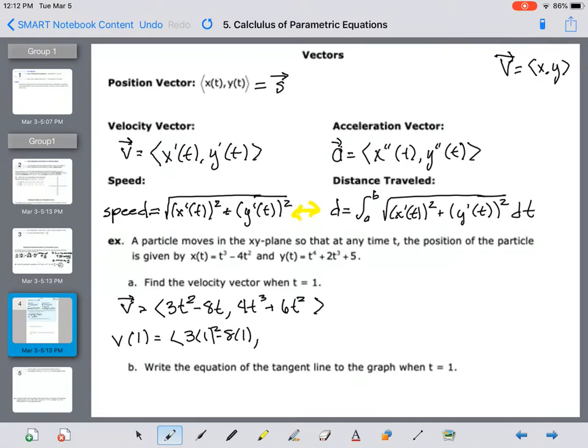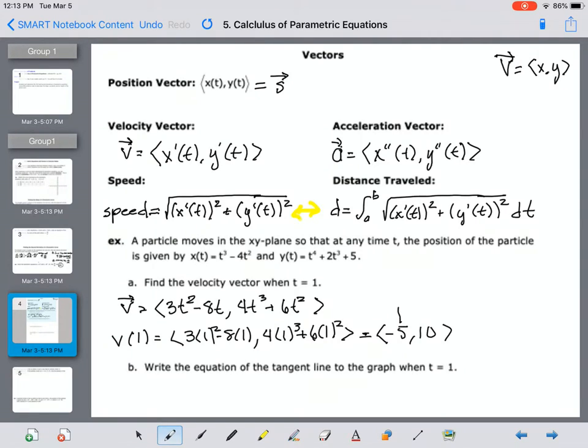That gives us our x component, and that gives us our y component. If we calculate that, we get 3 minus 8, which is -5, and then 4 plus 6 gives us a positive 10. All we're doing is calculating that. So this is our velocity vector.